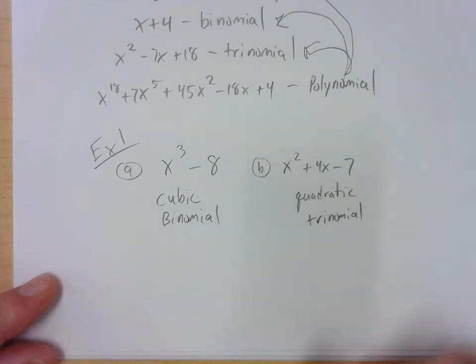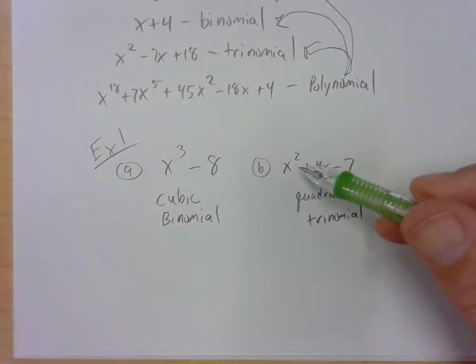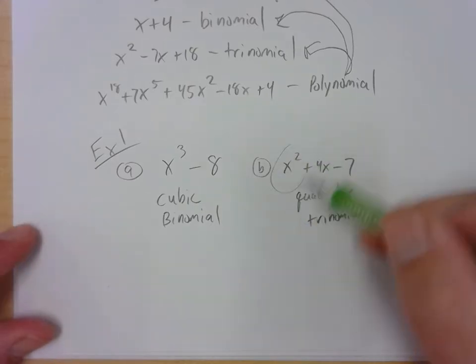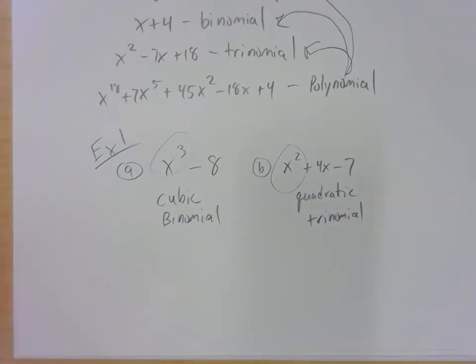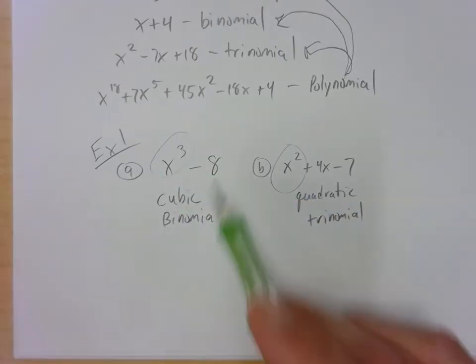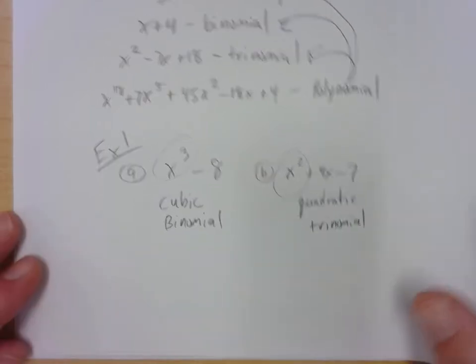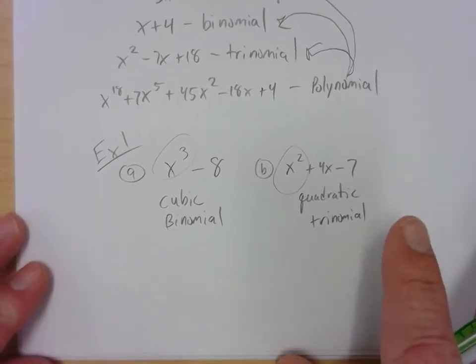That's how we can classify it, by the number of terms and the highest power. It's all about the first term here. That's how we give it its name: it's a cubic, a quadratic, a quartic, whatever. So it's the highest power that's really powerful for the end behavior of the function.